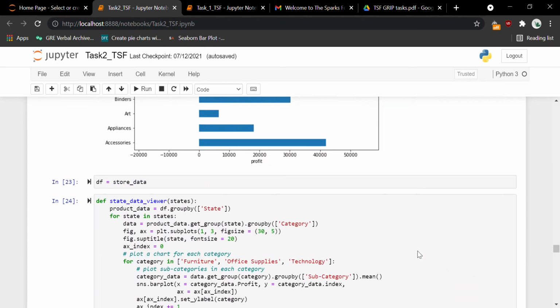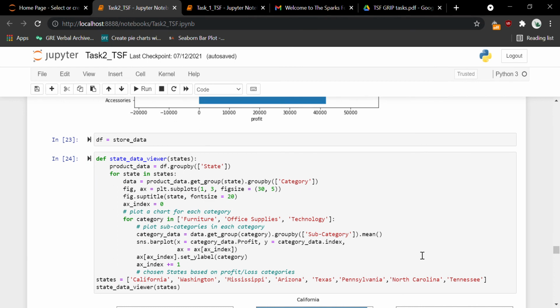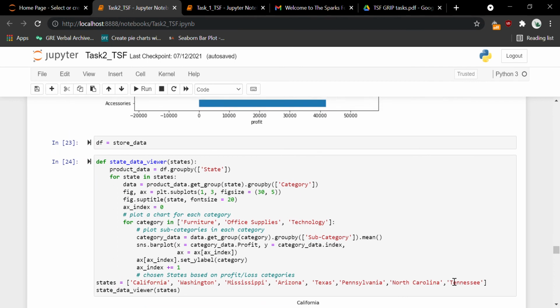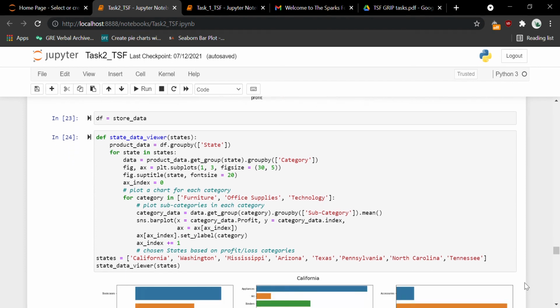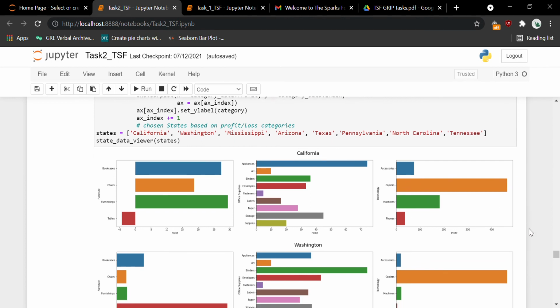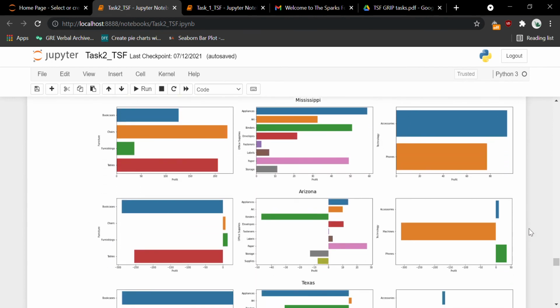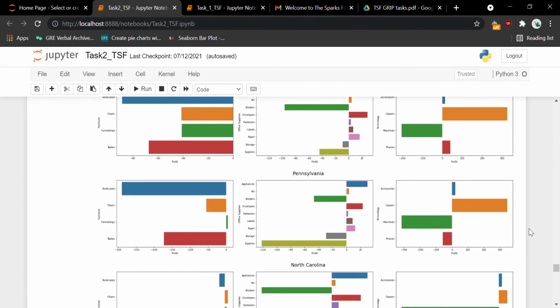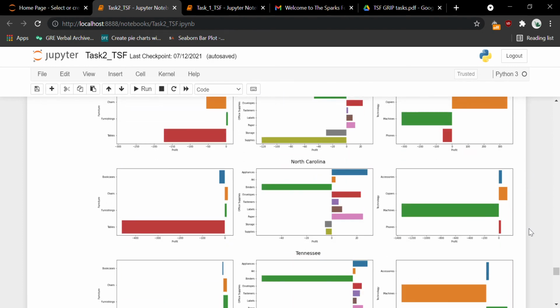Now this is a small function that I've written that checks for these states across each category and across each subcategory what is the profit earned. So we see that California produces a net high profit, so does Washington, so does Mississippi, Arizona, Texas, and Pennsylvania, North Carolina, and Tennessee.